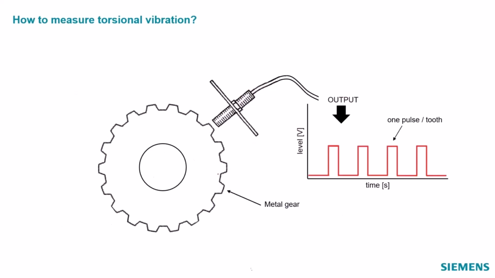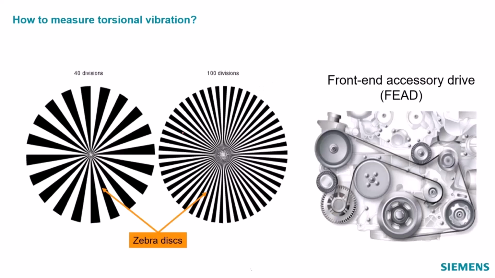So here we've got, for example, our mag pickup pointing at the gear, and you can see it's creating a pulse every time the gear tooth goes by. Here's another technique that people use to pick up torsional vibration. So maybe I don't have access along the length of the shaft, but at the end of the shaft, I have access because as you can see here, I've got an exposed flywheel at the end of the shaft.